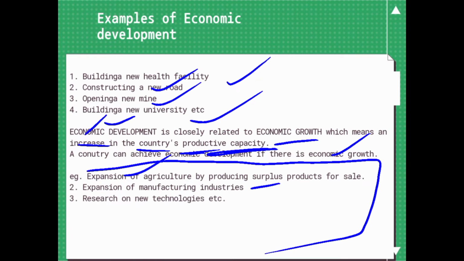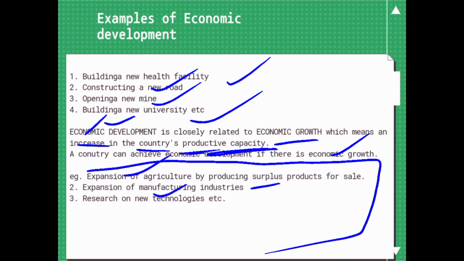Simple. Two, expansion of manufacturing industries. This is straightforward, so that we may produce more products as a country. That is increasing the country's productive capacity. Three, research on new technologies, so that you may start manufacturing things which are unique.